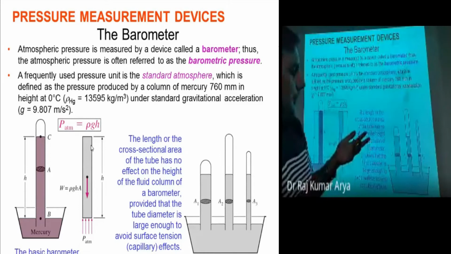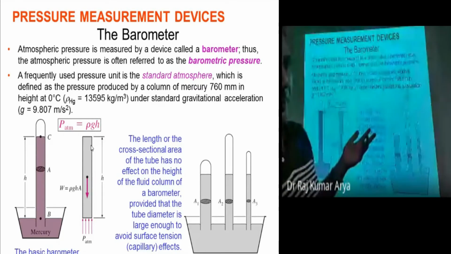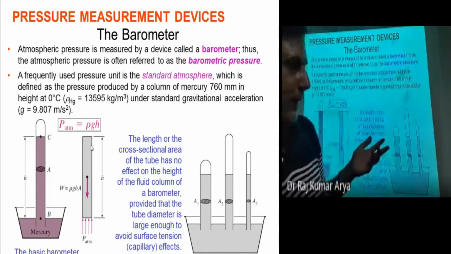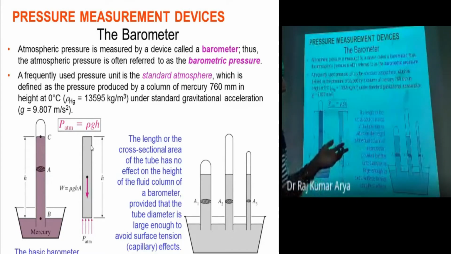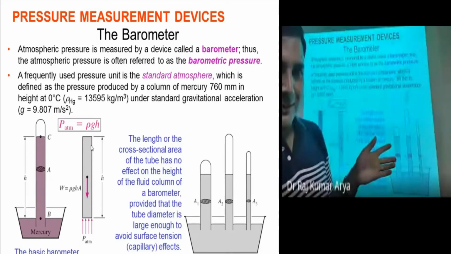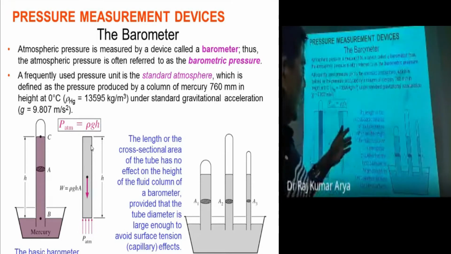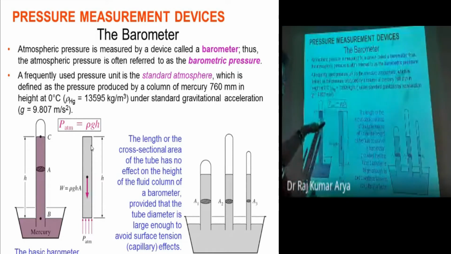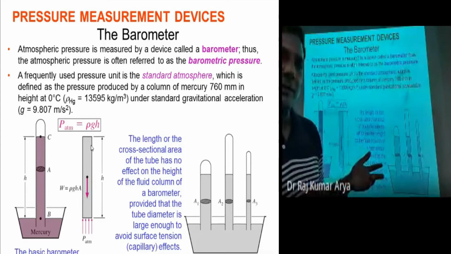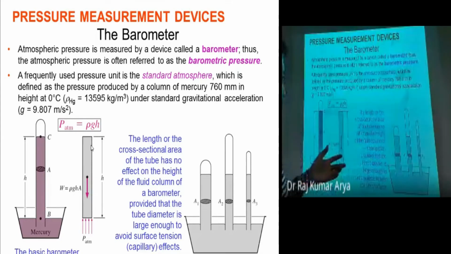In case of mercury, the boiling point is more than 300, actually 500 something. So it will not boil at all in general operating conditions, and it should not create vapors in the given operating ranges.